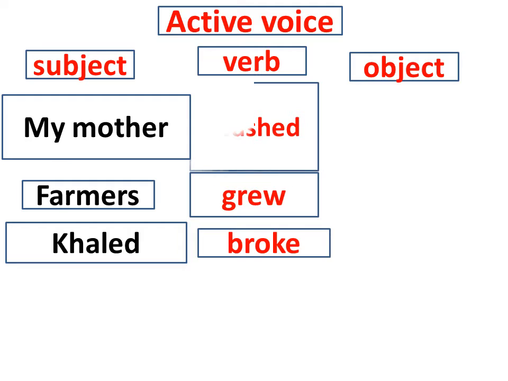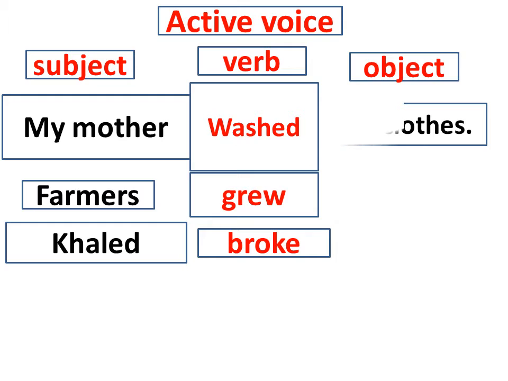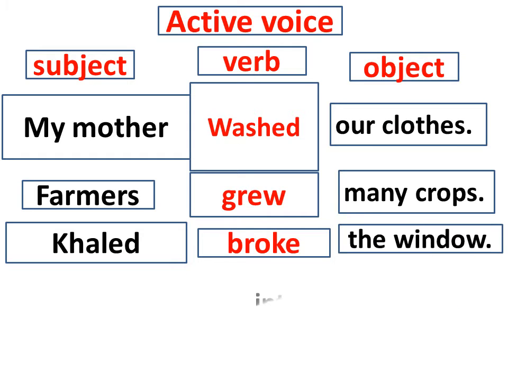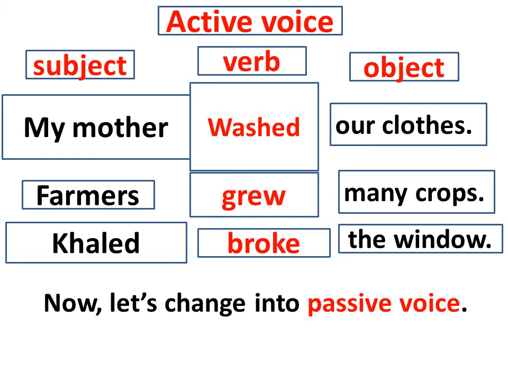The verb, like washed, grew, broke, ate, bake, make, made. The object comes according to the verb. My mother washed our clothes. Farmers grow many crops. Khalid broke the window.